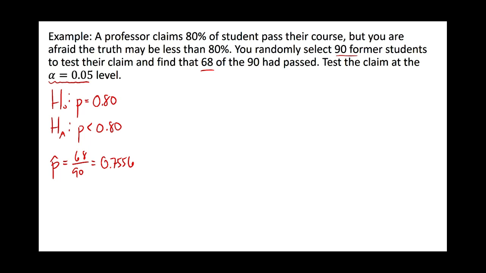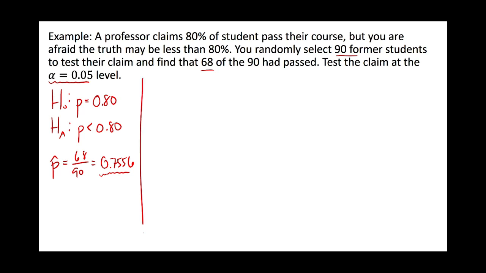Say we'll just round to 4 decimal places. There's no reason it has to be 4, but I just like to keep a couple around. Okay, so the claim is 80%, but out of our 90 people, 75% have passed. So it's lower than 80%, but the question is, is that low enough to justify going back and saying that we don't believe the claim, right?